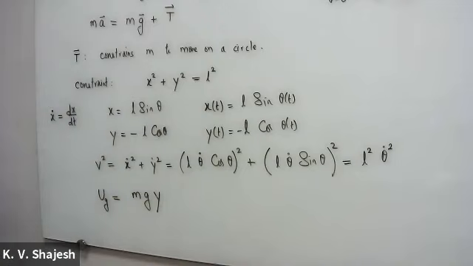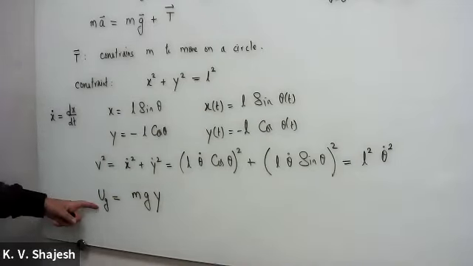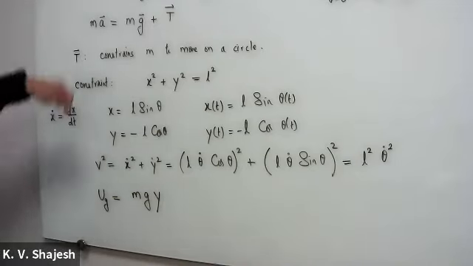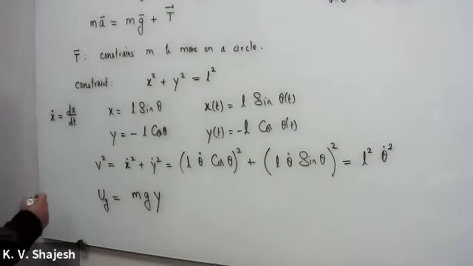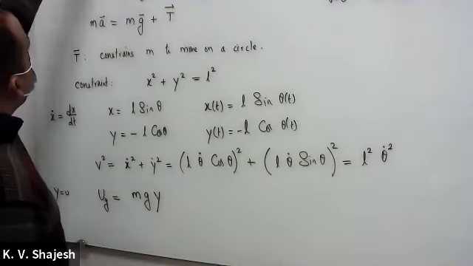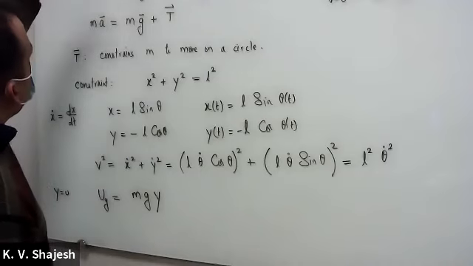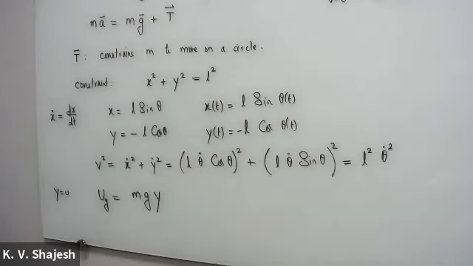Always when we are saying potential energy, it is with respect to a point. So let's say this is with respect to y equal to 0. That's the axle, if you want, about which it is rotating, and the point below it will have negative potential energy. Above it will have positive potential energy.